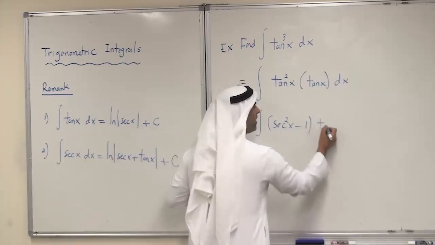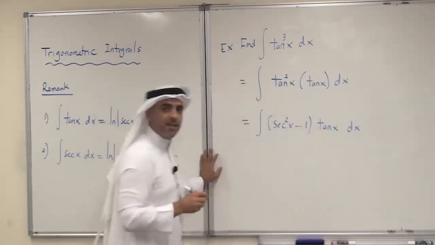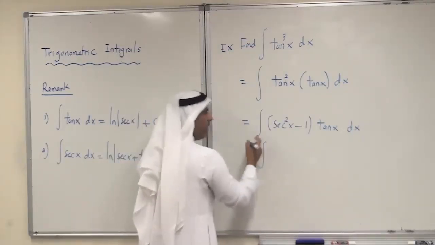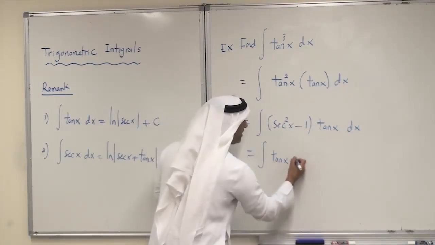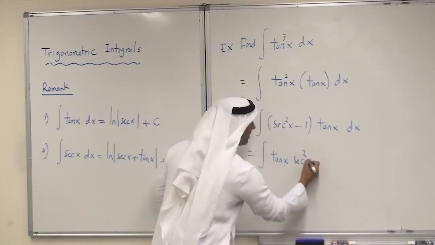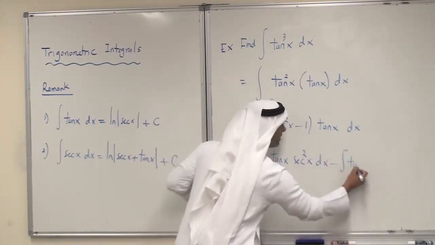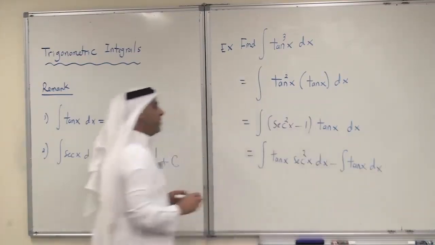Of course, this is multiplied by tangent of x dx. As I said, this is one way to do it. I will do it by another way. So, what do we have here? We have tangent of x multiplied by secant squared of x dx minus the integral of tangent of x dx. I'm distributing the multiplication over the subtraction here.